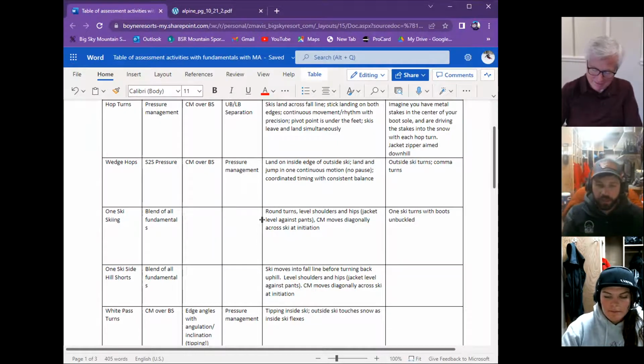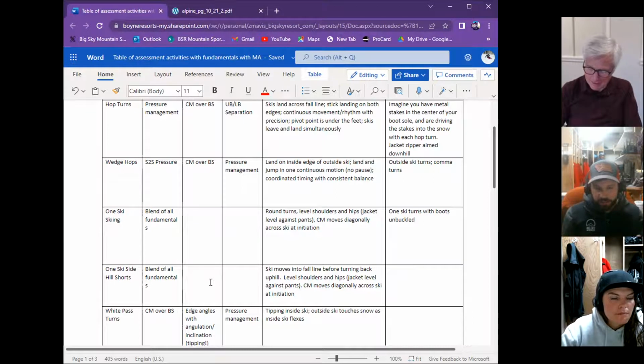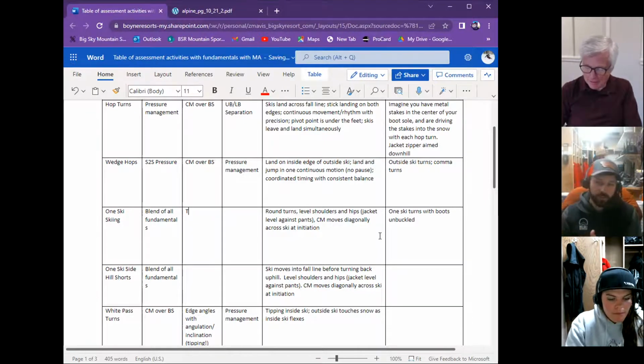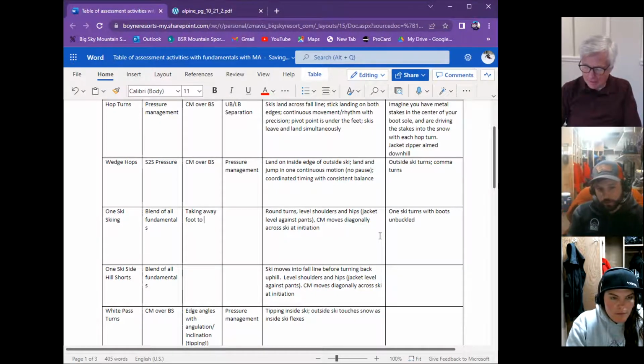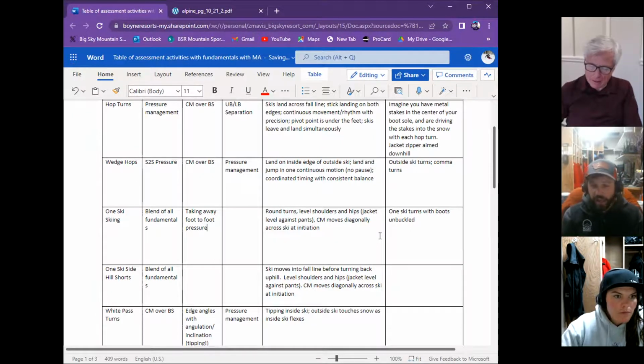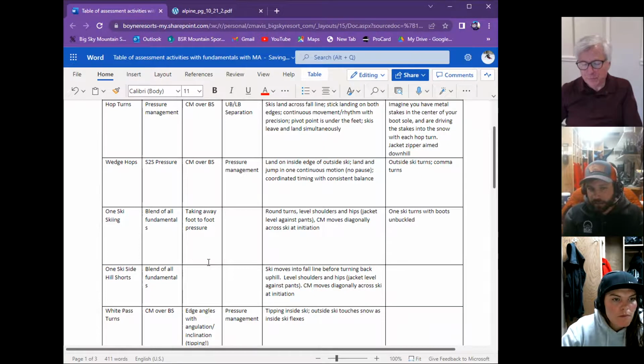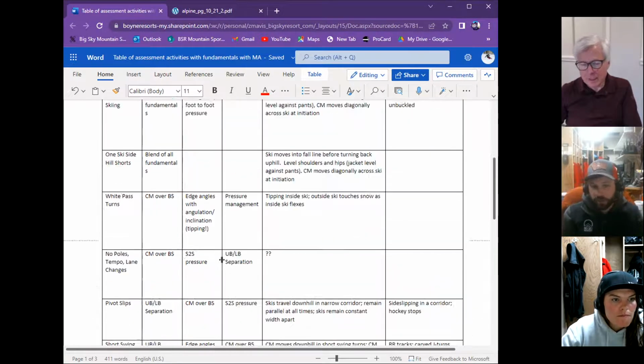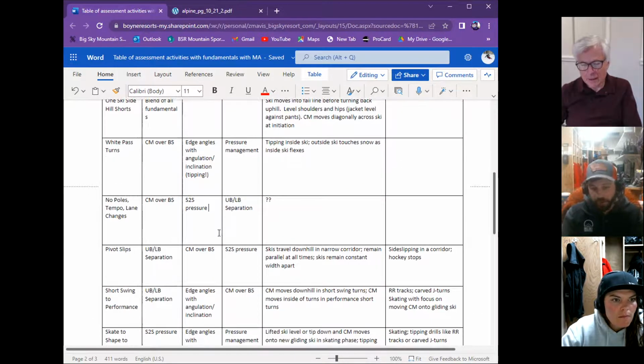So when you're looking at these fundamentals, I think of them almost in three categories. Some highlight a fundamental, others take a fundamental away and see if you can still blend. And then other activities are really a blended task, like a lane change. What is your ability to affect the blend of all of them in certain ways, without necessarily highlighting one or another?